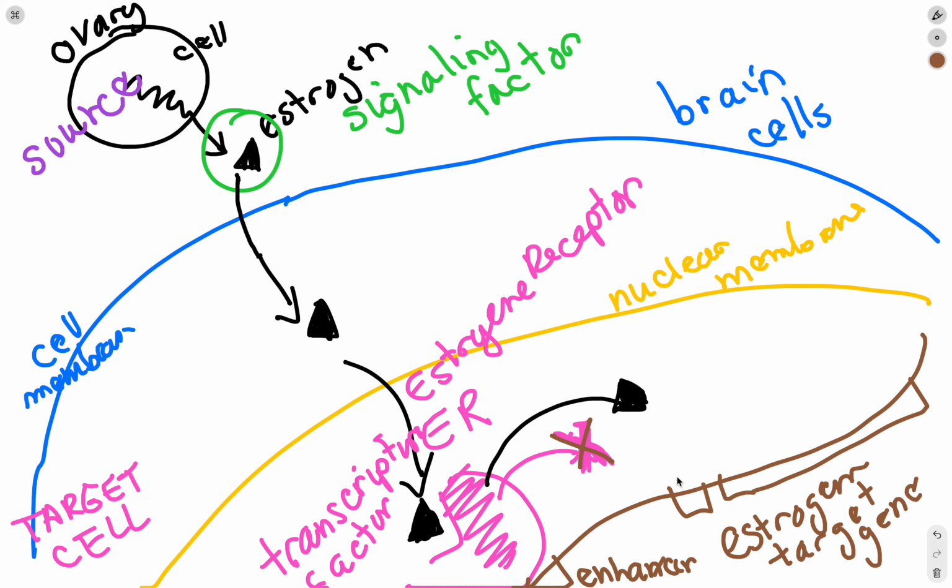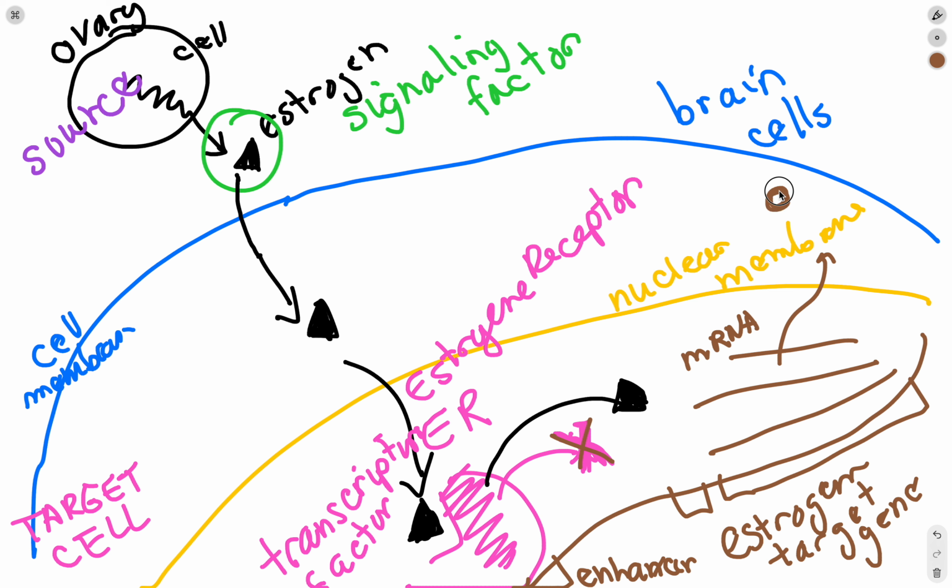Its transcription is going to get regulated. And so when estrogen shows up, this gene is going to start to get transcribed. And let's say it's a coding gene, so it's going to start making mRNA. And that mRNA is going to go out of the nucleus, and we're going to make this protein. And it's going to have something to do with the role of the hormone in stimulating puberty.